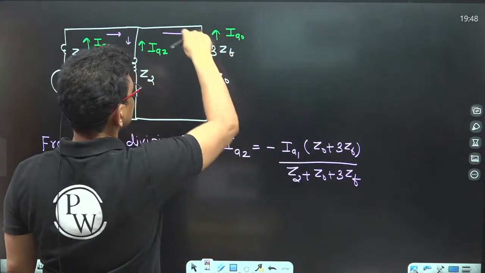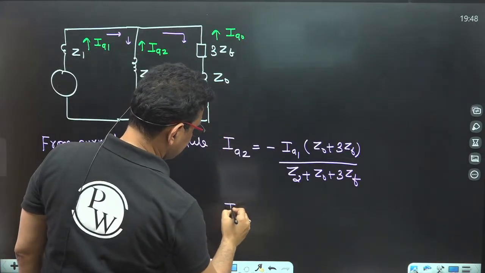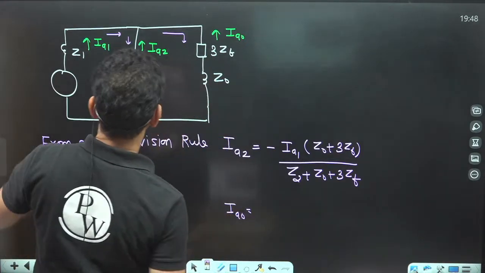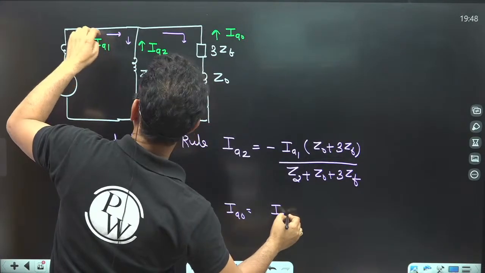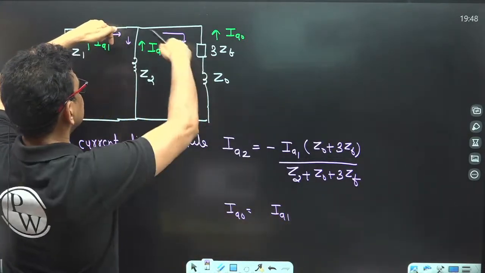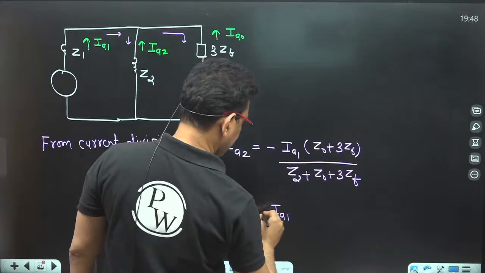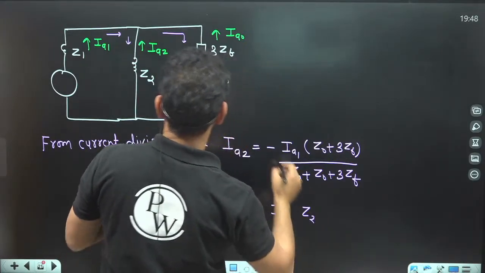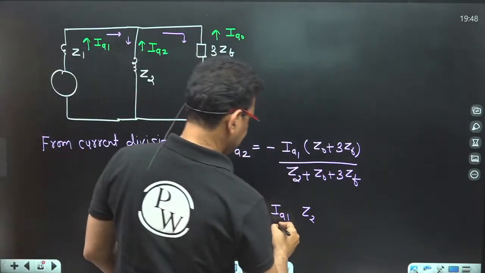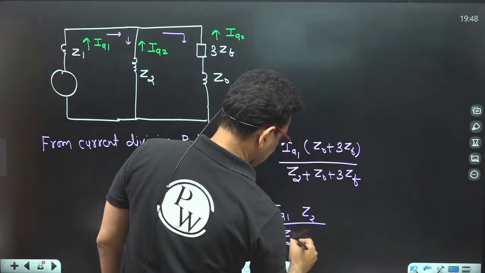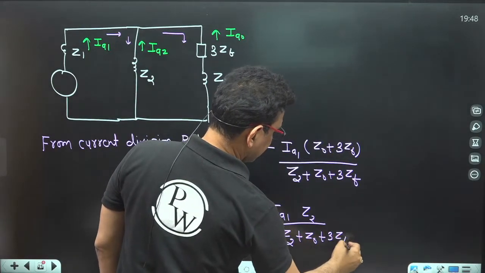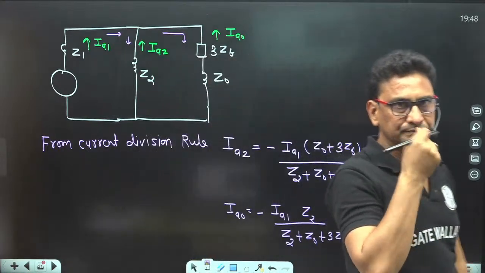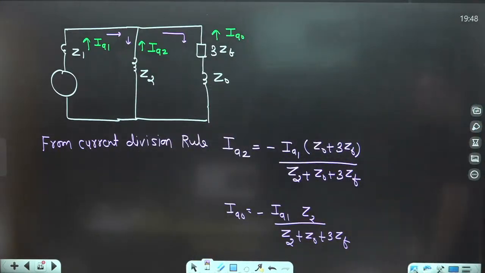IA0 is also the negative of this current, and by using the current division rule, the IA1 will be divided into two parts. This is the impedance Z2, negative of this, because this and this are opposite to each other, divided by Z2 plus Z0 plus 3ZF. Clear? In this way you can find out the positive sequence, negative sequence, and the zero sequence current.